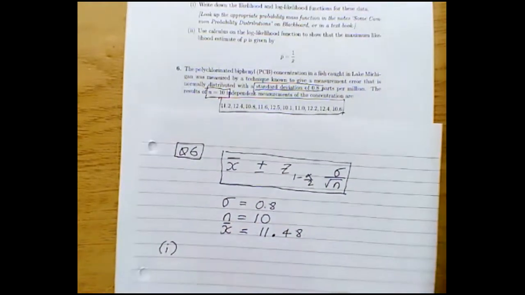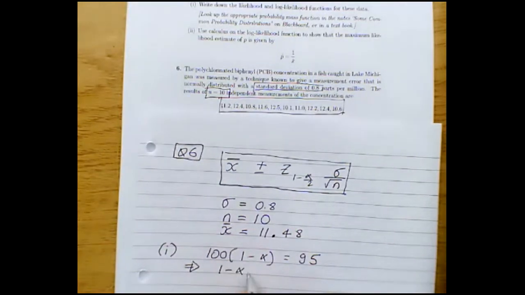Now to find the 95% confidence interval, you set 100 times 1 minus alpha equal to 95. So this implies that 1 minus alpha is 0.95, so alpha is 0.05.